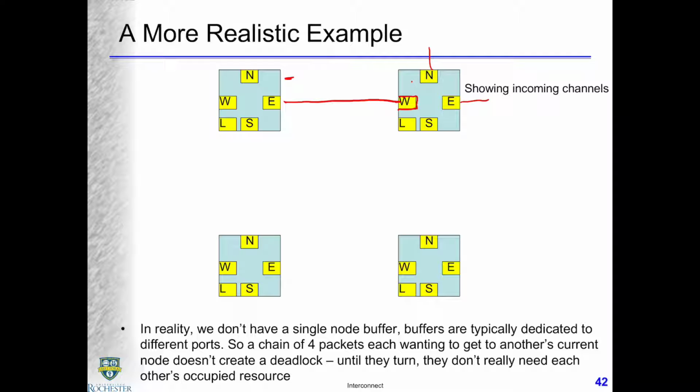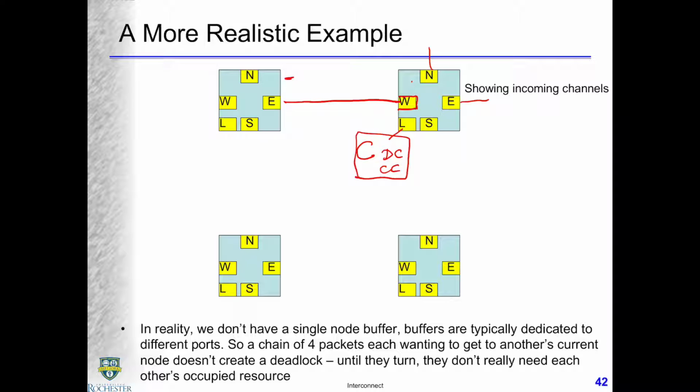And remember, every node in this direct network is also attached to a compute client. This is your core with its directory controller, with your cache controller, everything. It can decide to inject a new packet into the network, a completely formed new packet. So that would go into the local channel.